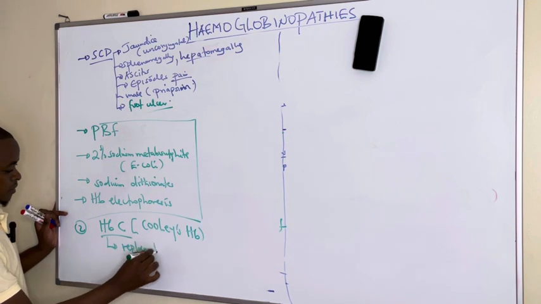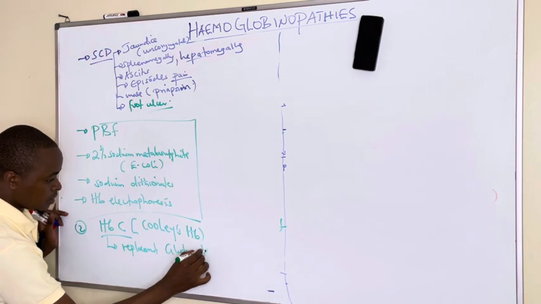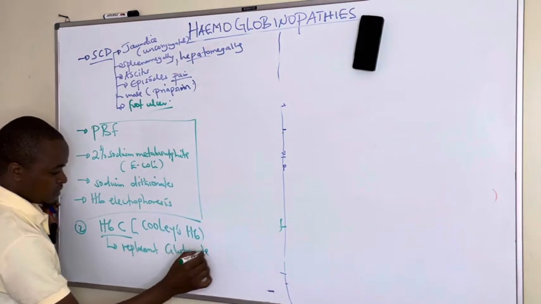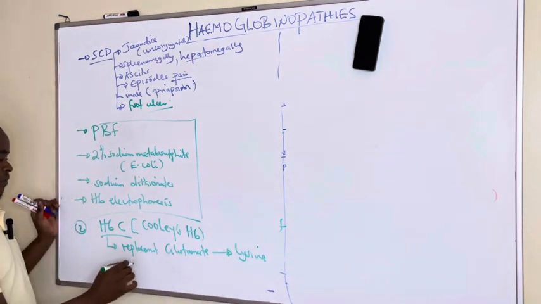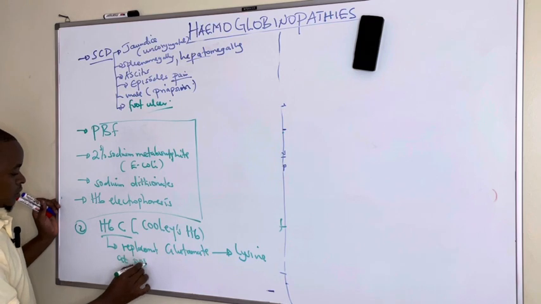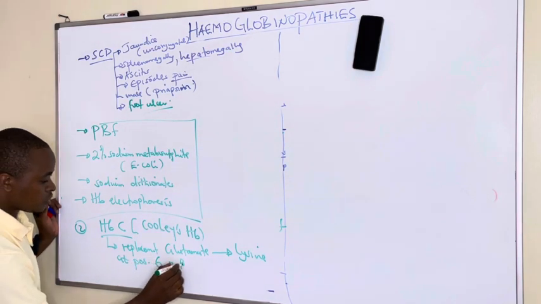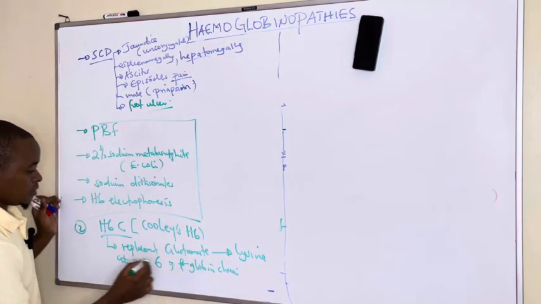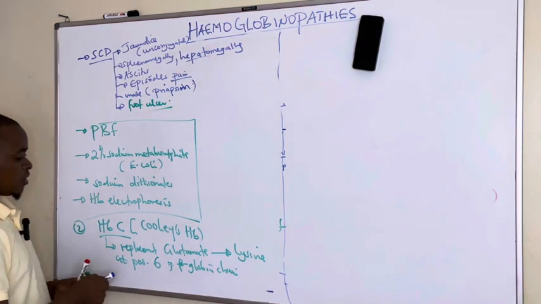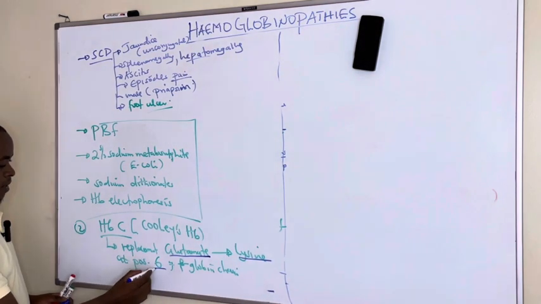We are replacing glutamic acid, or glutamate, by lysine amino acid at position 6 of the beta globin chain. It also occurs on the beta globin chain.